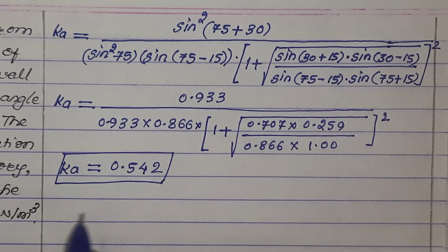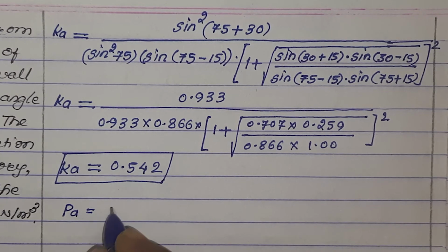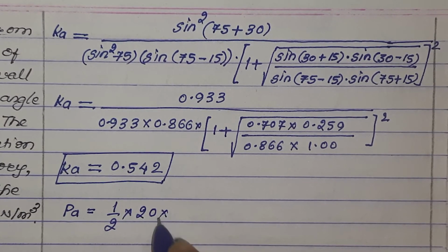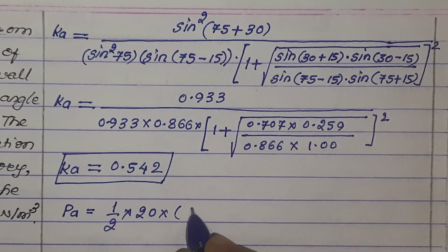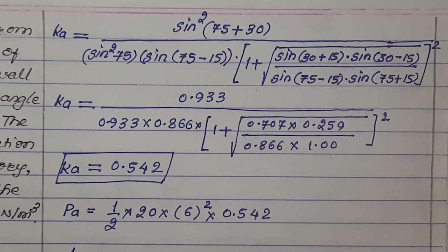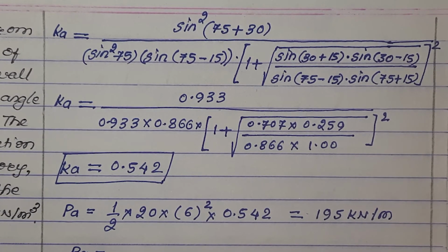Now, the next procedure is very simple. We want to find Pa, which is half gamma, which is given as 20, H square, that is height of the wall 6 square, multiplied by this Ka, 0.542. So this will give us 195 kilonewton per meter.